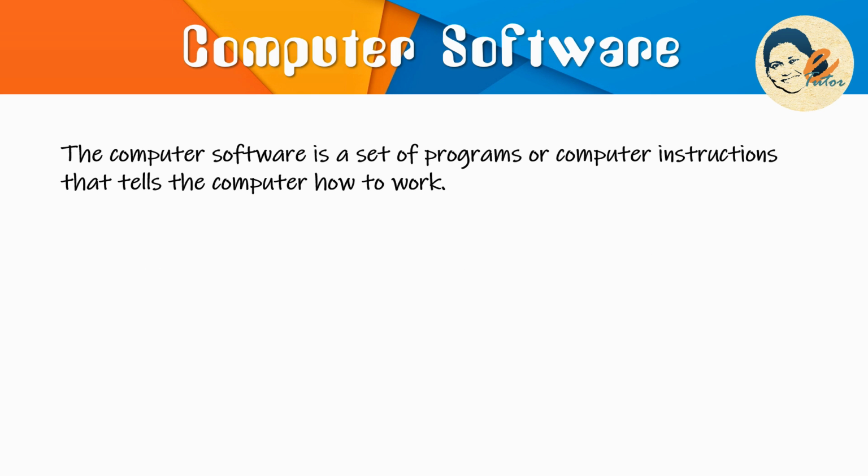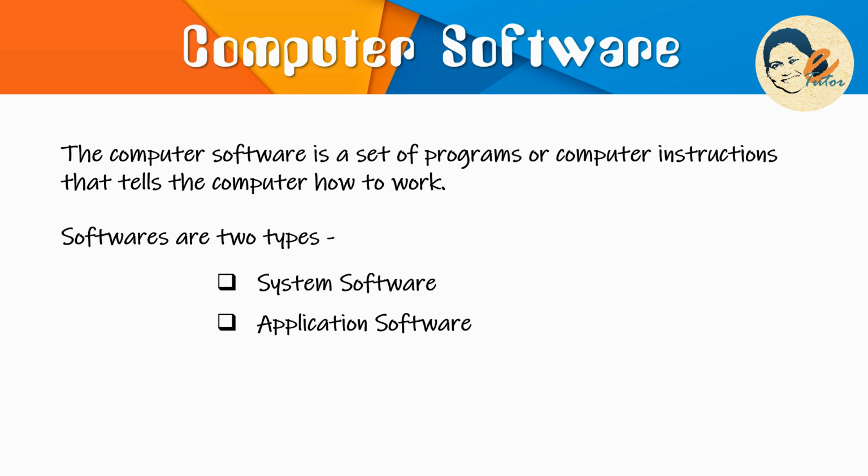The computer software is a set of programs or computer instructions that tells the computer how to work. Computer software is programming code executed on the computer processor to make the hardware run. There are two types of software: system software and application software.